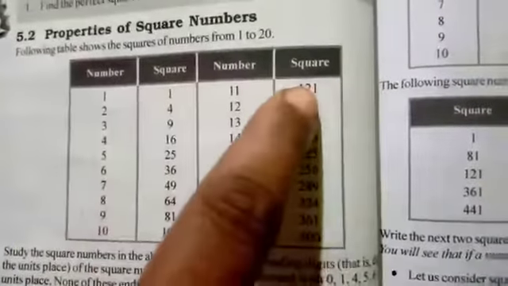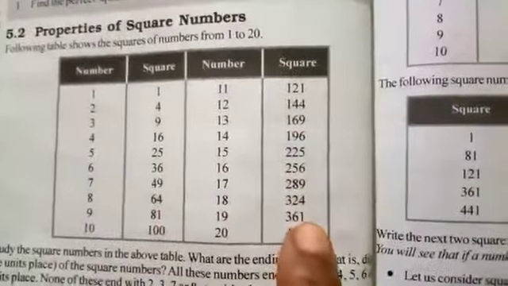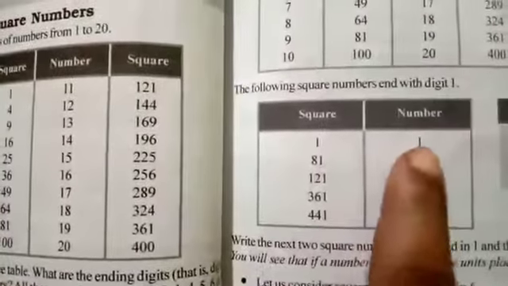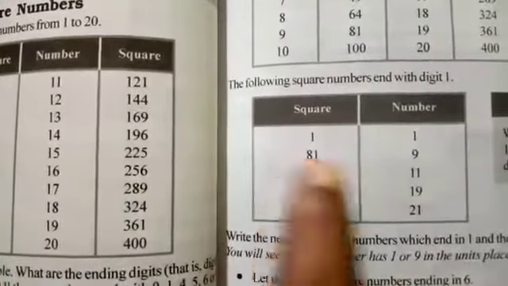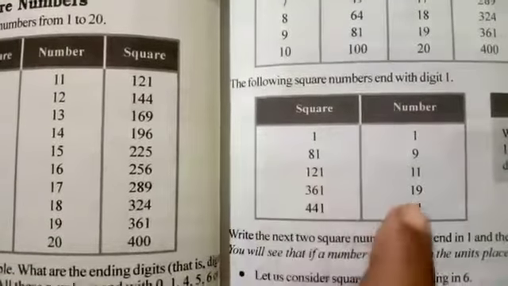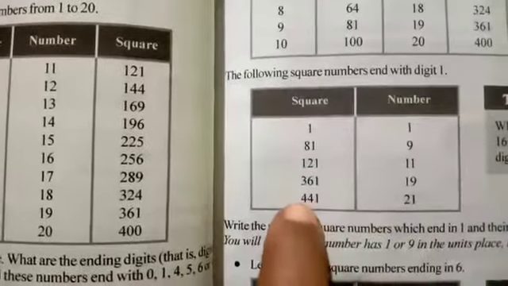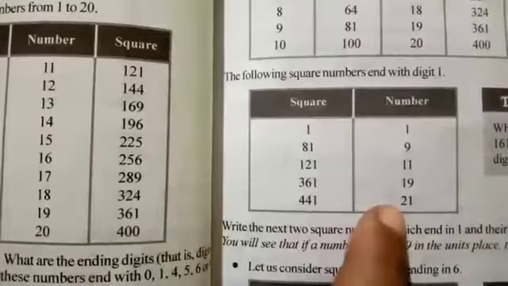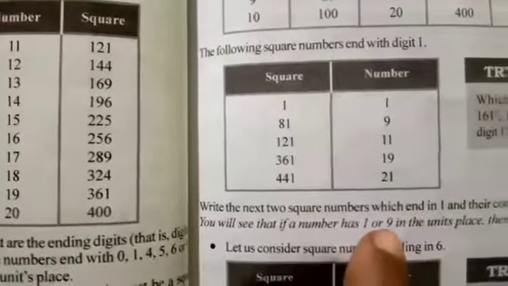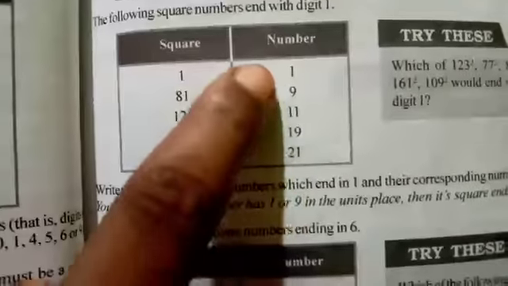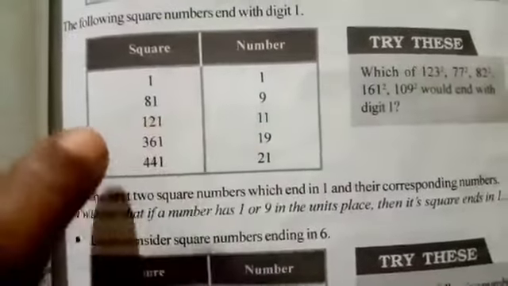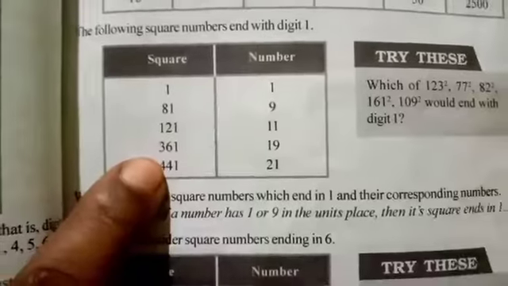Here also 1 and 1 it is ending. That is, 1 square is 1, 9 square is 81, 11 square is 121, 19 square is 361, 21 square is 441, like this. If the number ends with 1 or 9, the square also ends with 1.